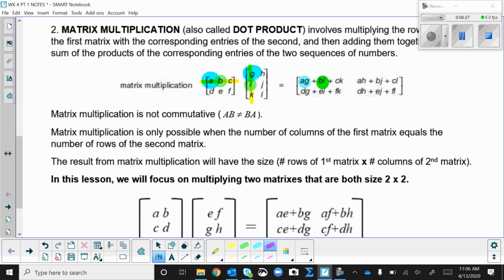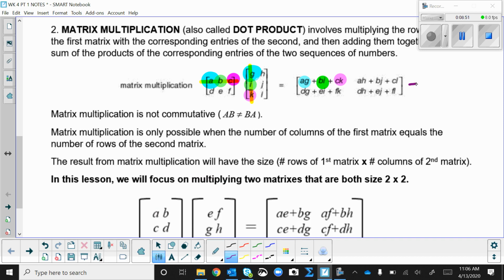And the last thing you do is move to the third entry. The third entry in the first row here in that first matrix, and the third entry in the column there, and you multiply those, C times K. So now you have these 3 numbers, and you add them all together, and that's going to give you one number.